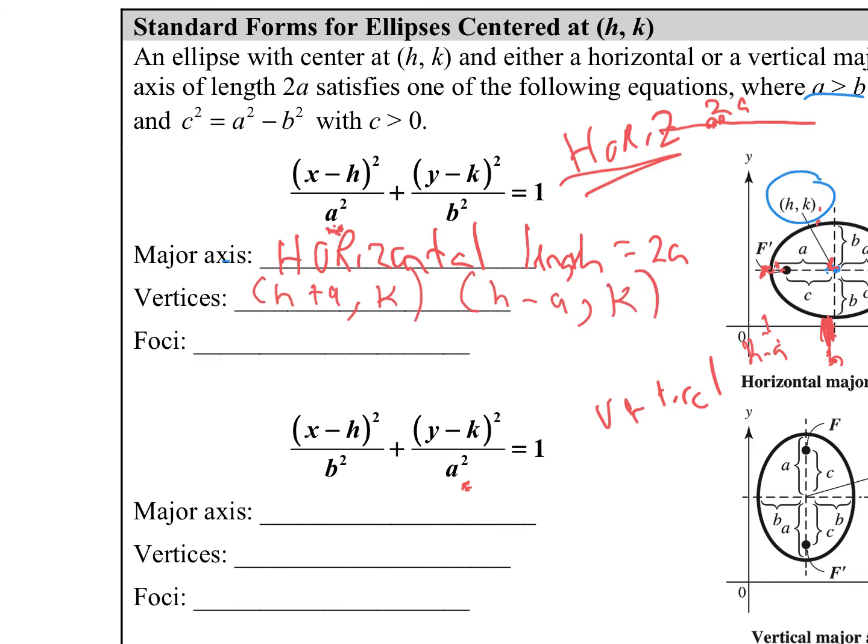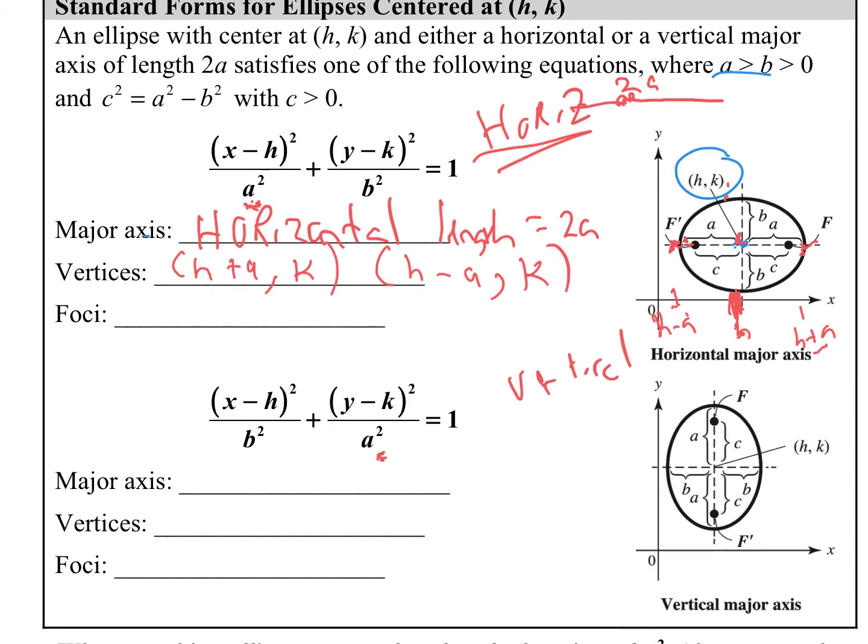The focal point looks just like the vertex. I go to h, and now I have to go to the right to the letter c. Not to the a, to the c, because that's the distance from the center. And I go up k. So here goes.